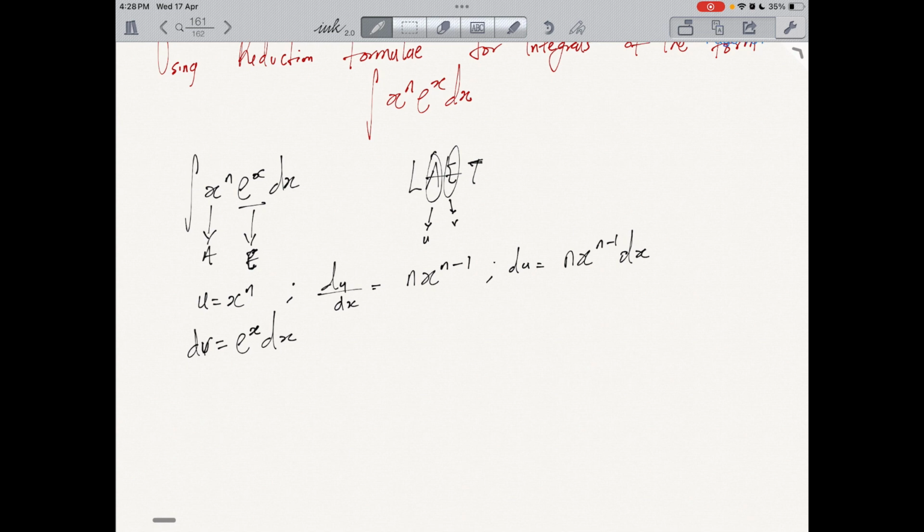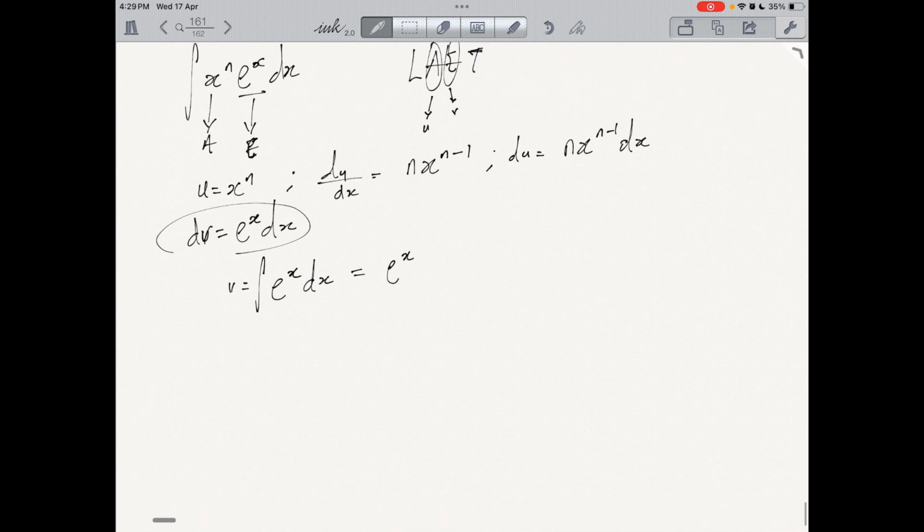Now, in the case of dv, dv is equal to exponential x dx. Therefore, our v will be equal to the integral of exponential x with respect to x, and integrating exponential x, we will have exponential x. Therefore, let's apply the integration by parts formula that says integral of u dv is equal to uv minus integral of v du.